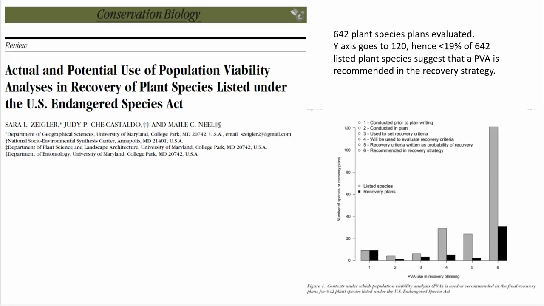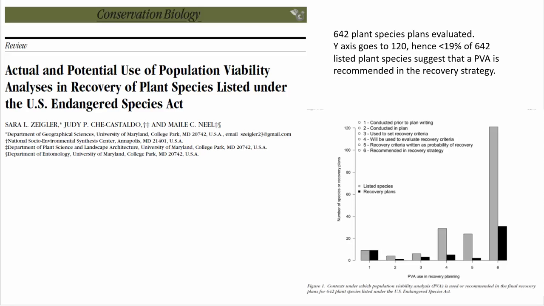But this is these guys' take on plants, where they looked at 642 plant species plans, and they asked when we would want to have a PVA. So this is the number of species recovery plans where you'd use a PVA, and this goes from left to right: conducted prior to the plan writing, conducted in the plan, used to set recovery criteria, will be used to evaluate recovery criteria, recovery criteria written as probability of recovery, and recommended in recovery strategy.